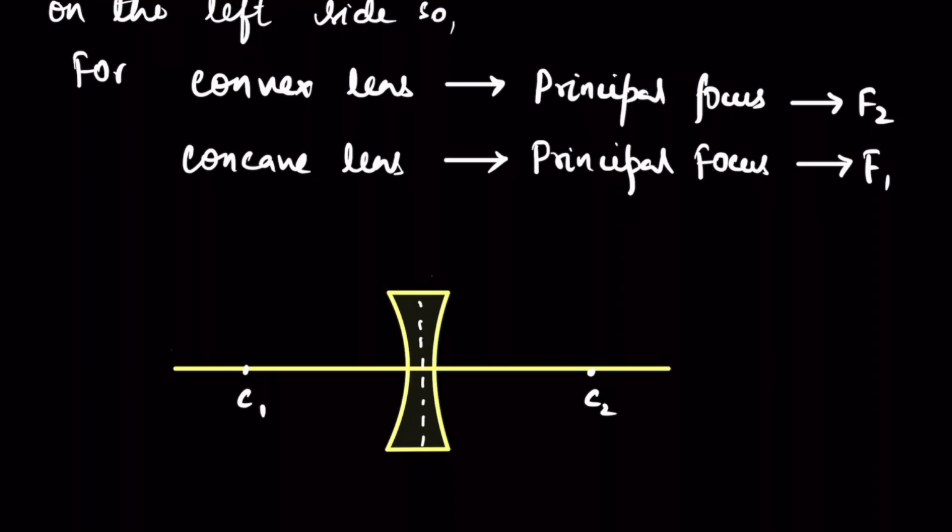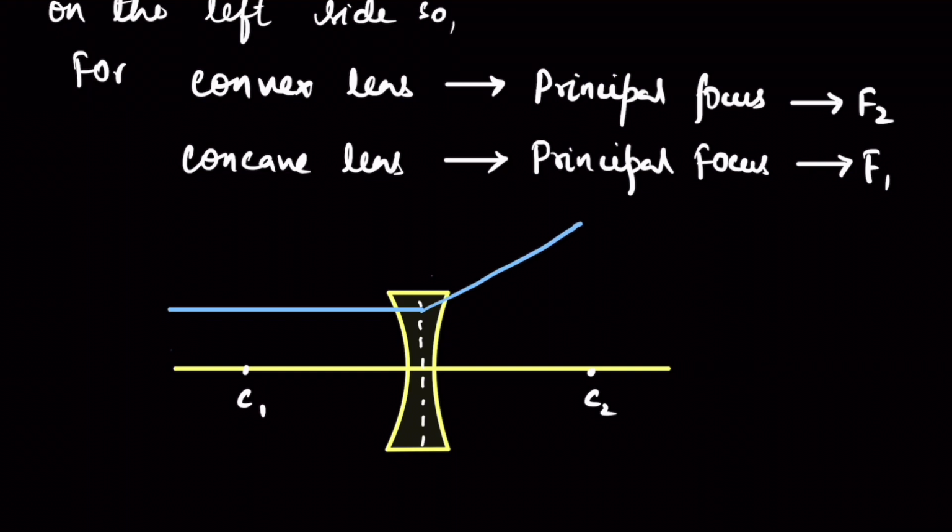So what will happen? Here is the incident ray. Concave lens is diverging in nature, so it will go away. If we keep track of the refracted ray, it will pass this way. Where the refracted ray meets on the principal axis is represented as the principal focus, which is f1.